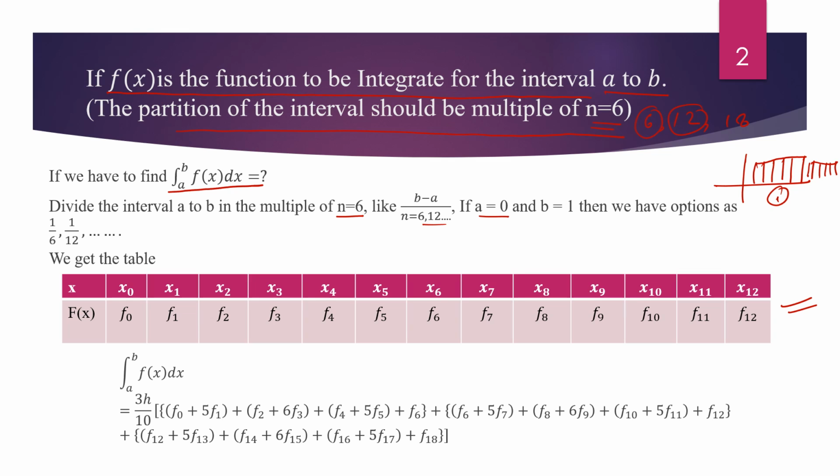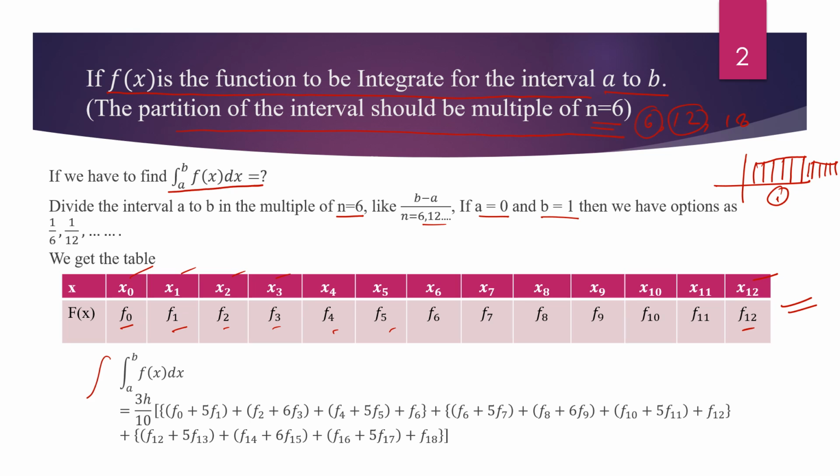And if a is 0 and b is equal to 1, then it will be 1 by 6 and 1 by 12. So for x, we have x0, x1, x2, x3 onwards till x12. And similarly with respect to x, we have the values of the function f0, f1, f2, f3, f4, f5 till f12.